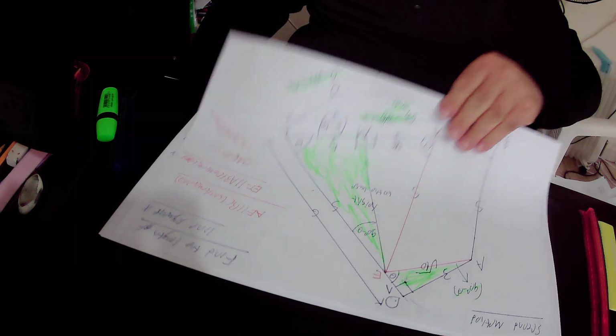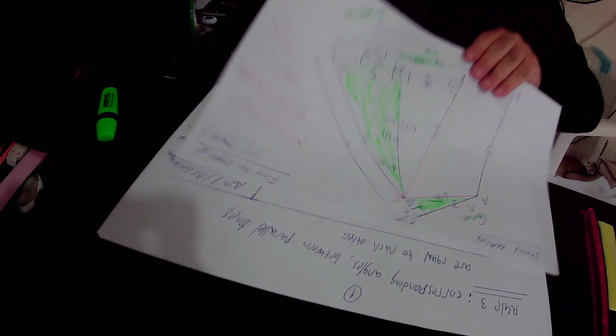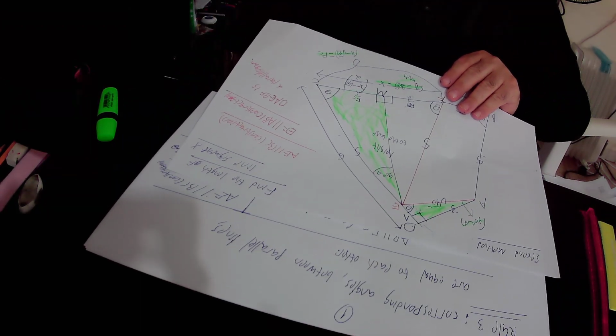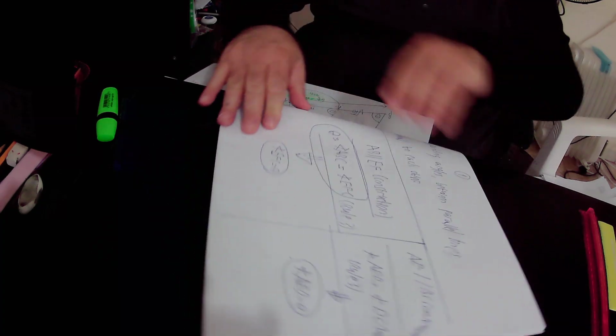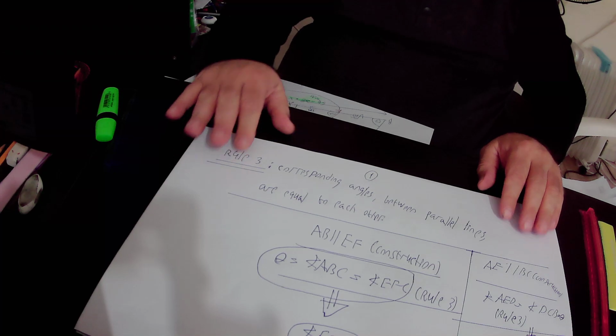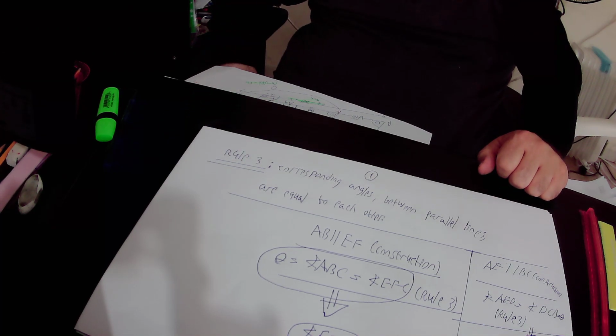Okay. Then I presented to you rule number 3. According to rule number 3, corresponding angles between parallel lines are equal to each other.